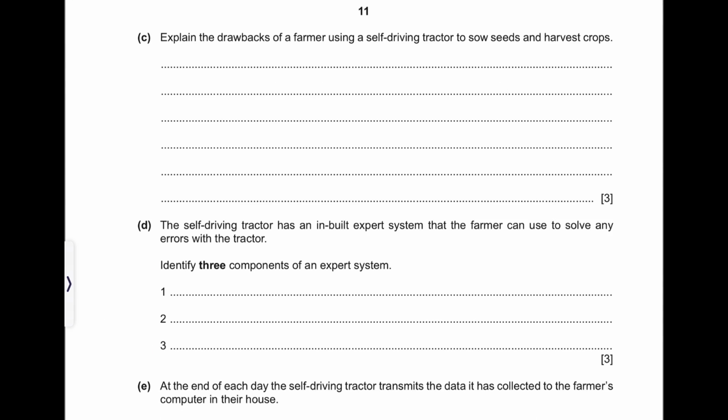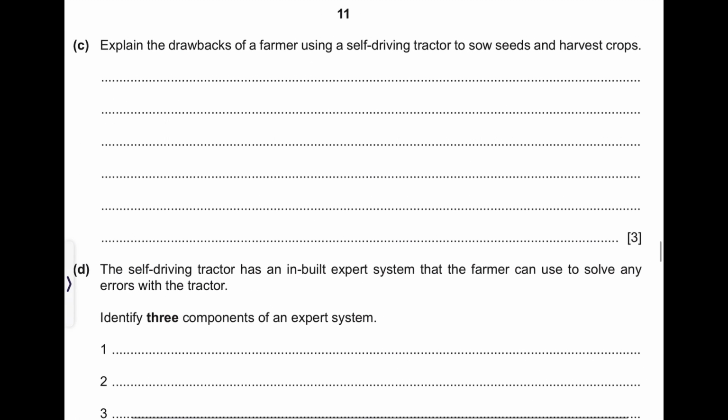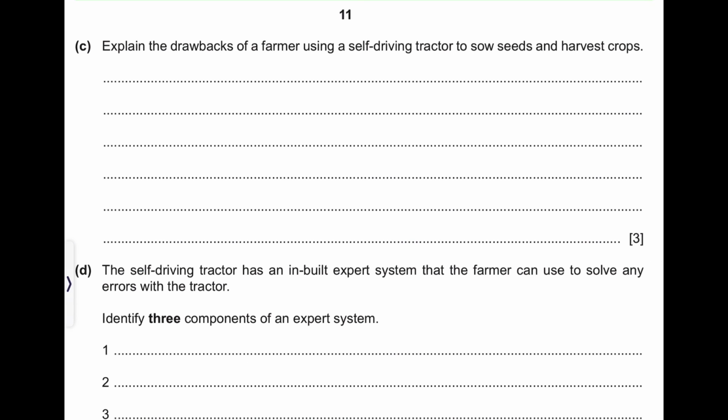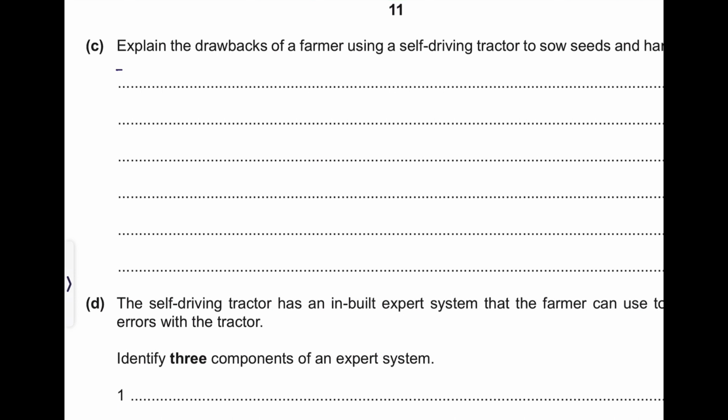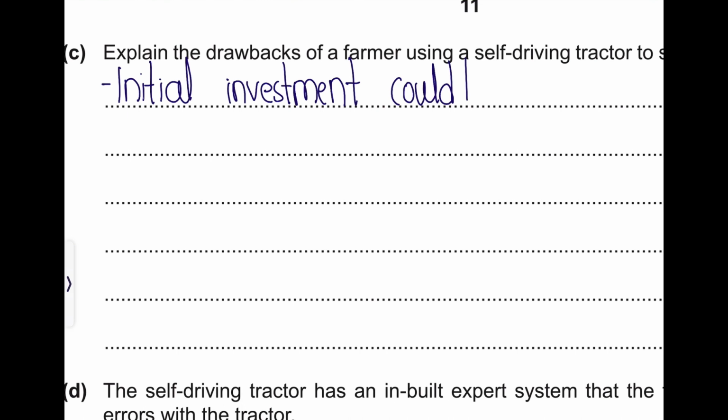Explain the drawbacks to a farmer of using a self-driving tractor to sow seeds and harvest crops. First of all, initial investment could be expensive. The second thing is high maintenance costs. Pretty easy question.